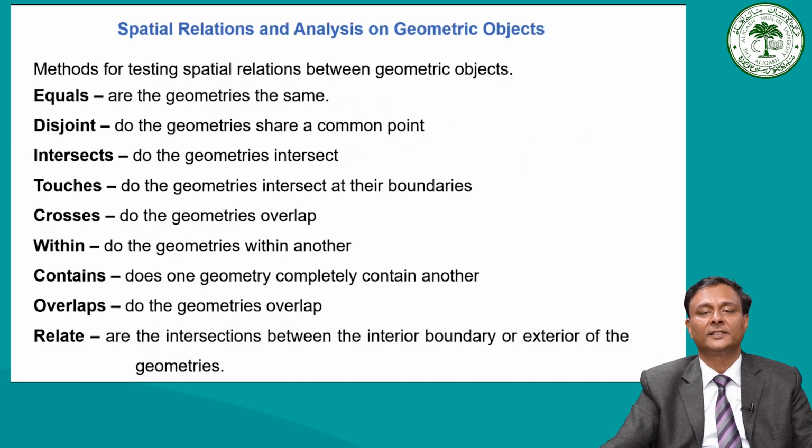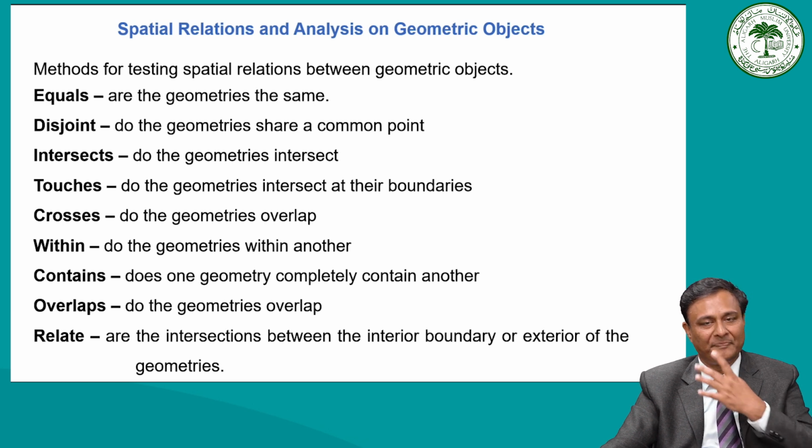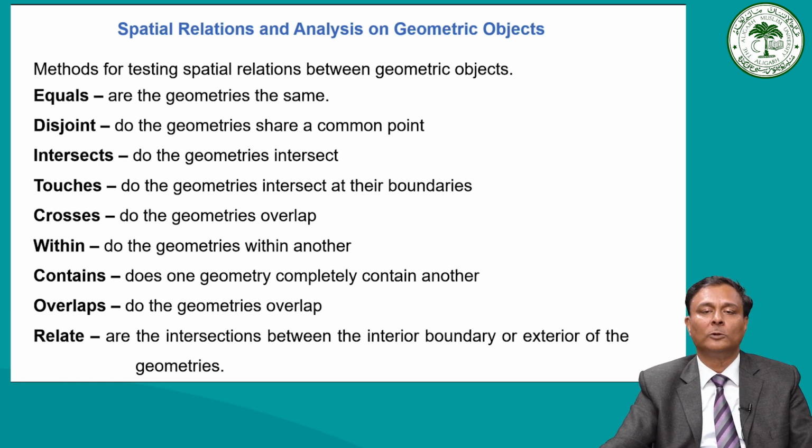There are several methods for testing spatial relations between geometric objects. Each takes as input two geometries and evaluates whether the relation is true or not. If you take the example of equals, where the geometries are the same, then we call it equals in spatial information.